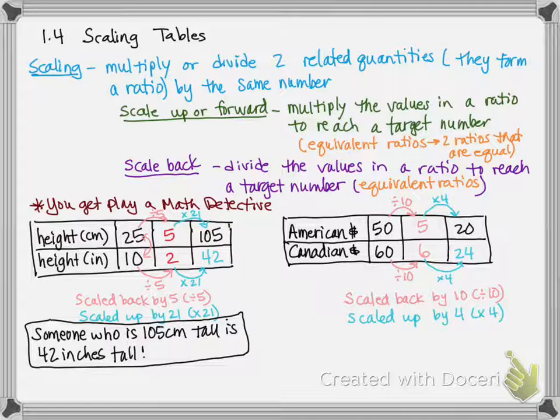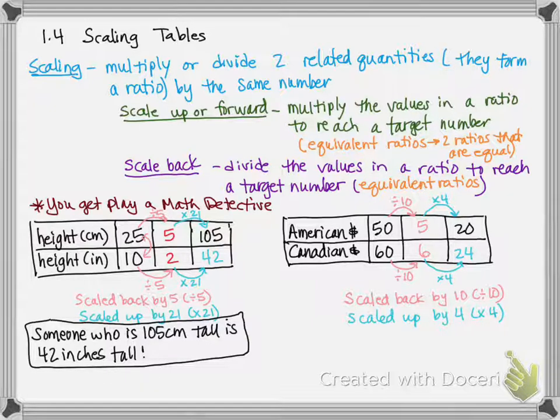Okay, so I could multiply by 4 or multiply by 2 and scale back by 10 or by 5. So there's lots of different ways to solve this. It's not just one way to do the math, okay? So I always try to reduce first, and that's just my thing because I'm so used to taking fractions and reducing them.